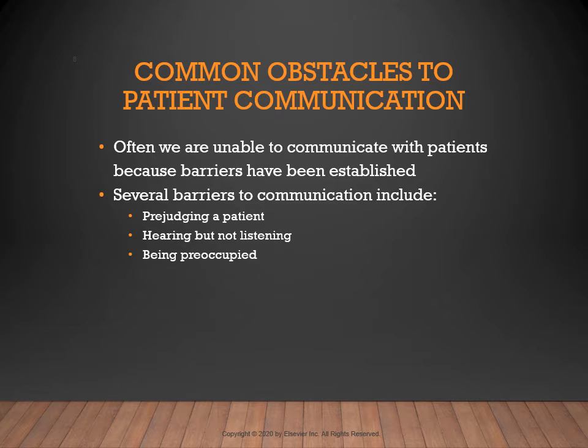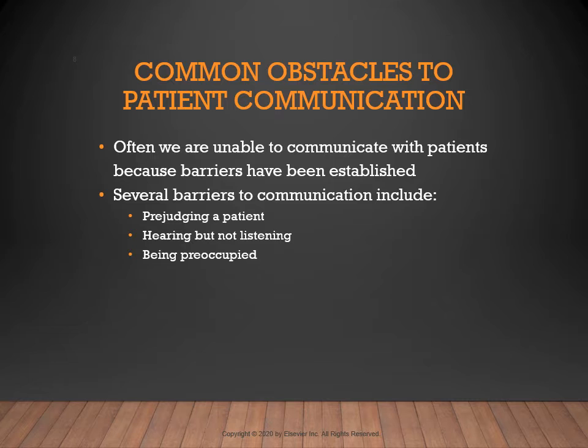The common obstacles for patient communication are also called barriers of communication. And the common ones are prejudging a patient, hearing but not listening to them, or being preoccupied. So, prejudging a patient can involve assumptions about their socioeconomic status. Maybe you think they're poor or you think they're rich, and so you're going to treat them a certain way based on what you think.